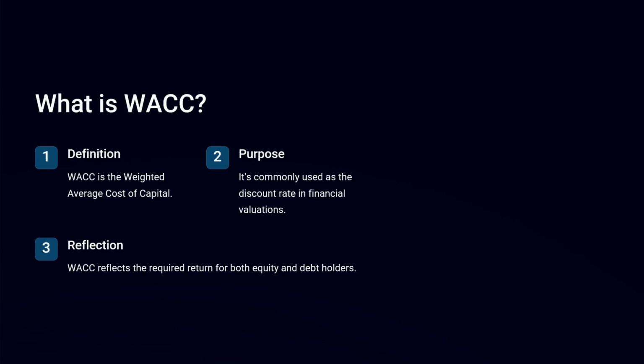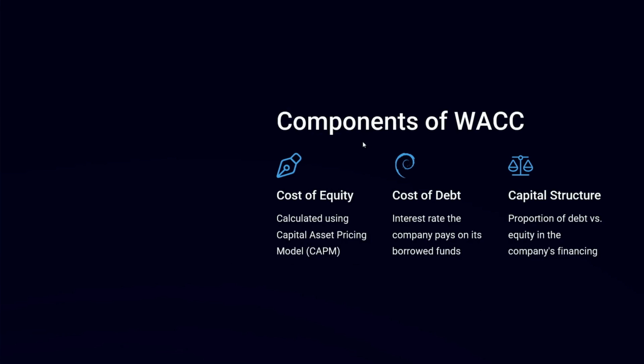Let's break WACC down into its key components. WACC is made up of three main components. First, cost of equity. This is the return that shareholders expect for investing in the company. It's calculated using the capital asset pricing model, CAPM. Second, cost of debt, the interest rate that the company pays when it borrows money from financial institutions.